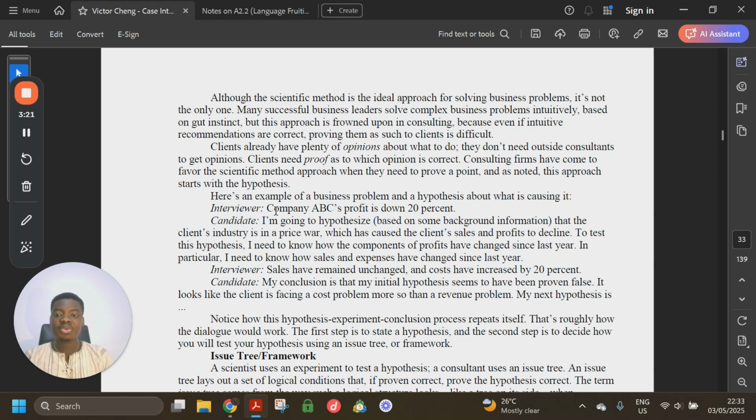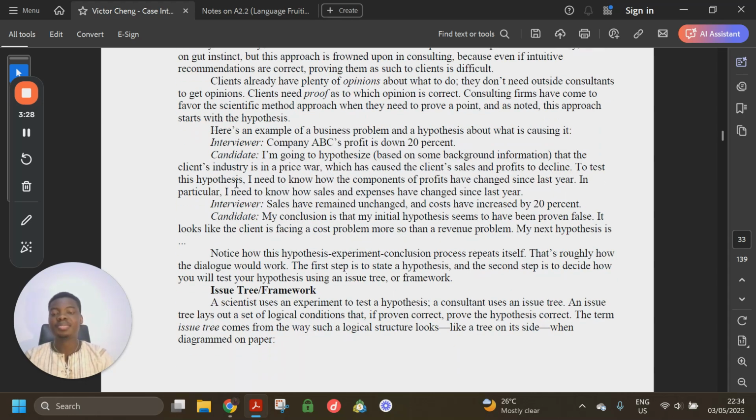So an interviewer says, company ABC's profit is down 20%. And how the candidate solves that problem or responds to that is to say, I'm going to hypothesize, based on some background information, that the client's industry is in a price war, which has caused the client's sales and profits to decline.